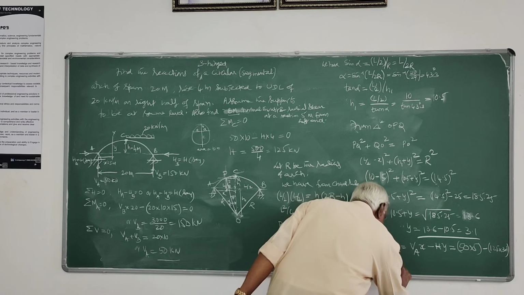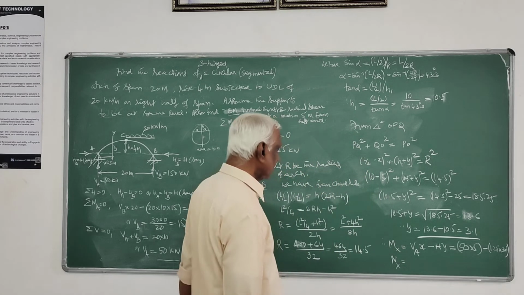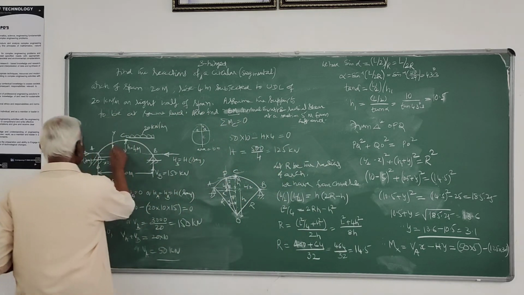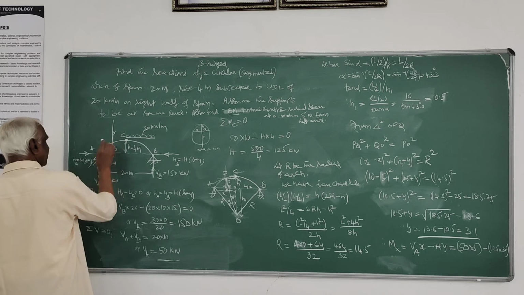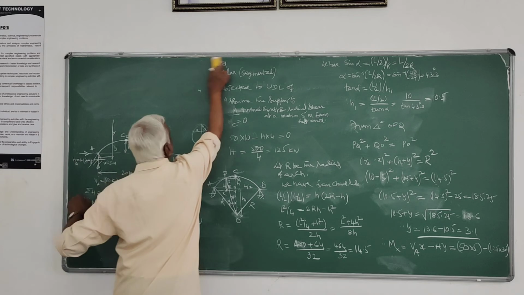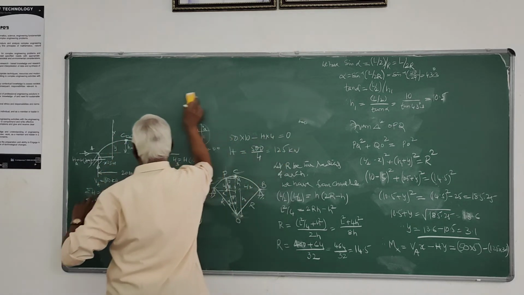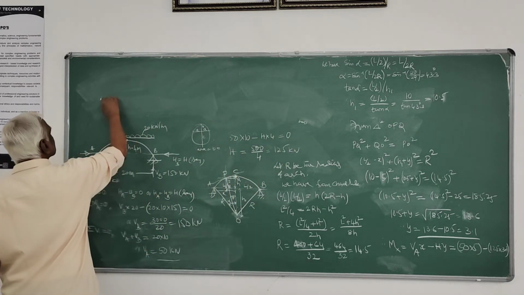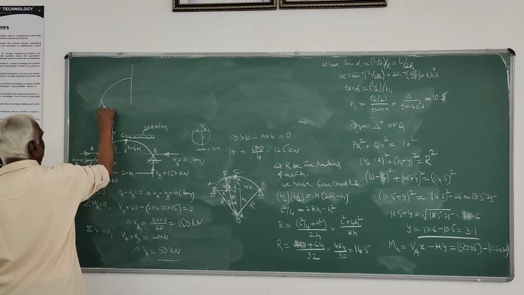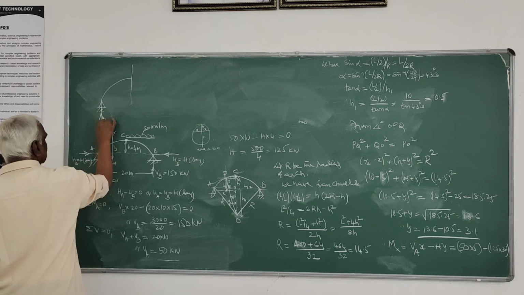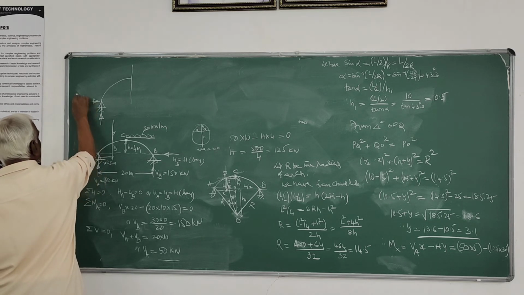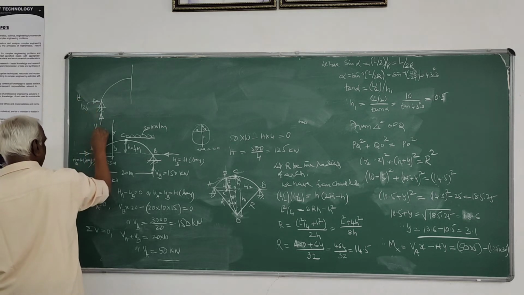Then normal thrust Nx. Before finding Nx, you have to find what the reactions are at this point. If you take the free body diagram, you resolve along horizontal and vertical, and you will get that. So at any section you have to find out these things. This is H 125 and this is V 50.